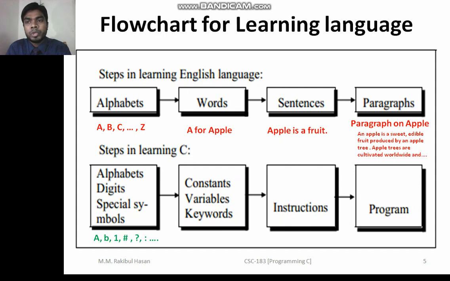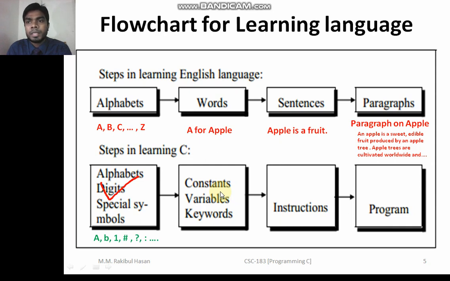So I believe you all already know whatever alphabet, digit or special symbol we have, isn't it? Okay, that's why out of these 4 phases you already completed the first one. So congratulations to you. Now what is the next one? You need to know by using this alphabet, digits or special symbols how we can make constants, variables and keywords.